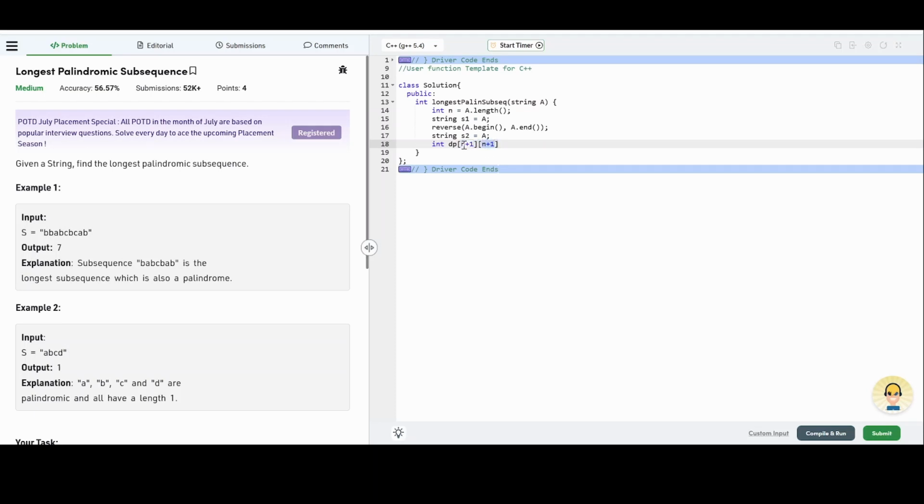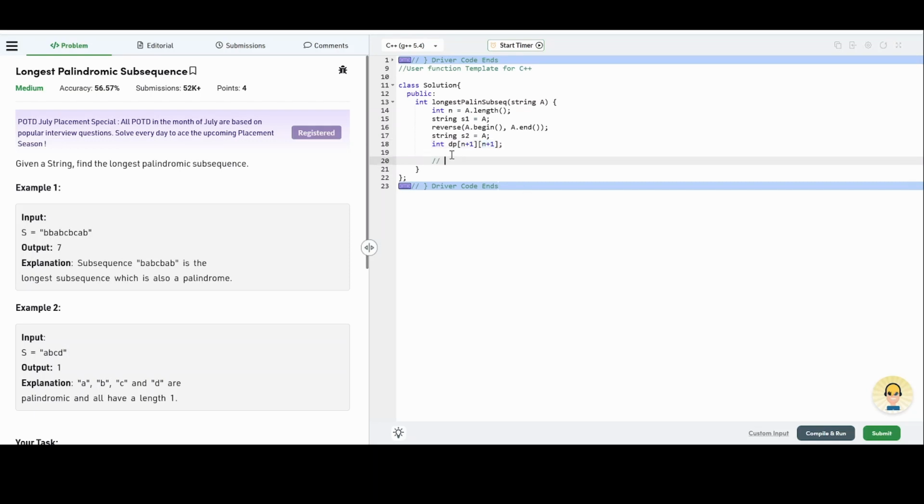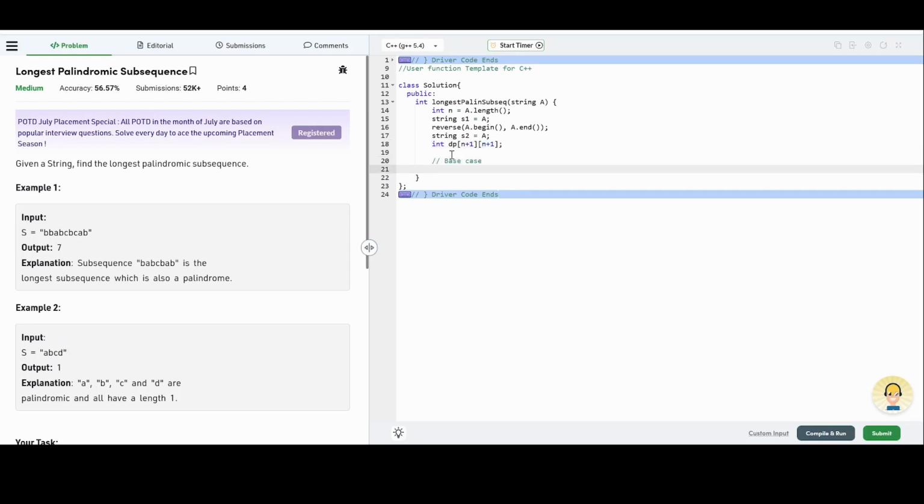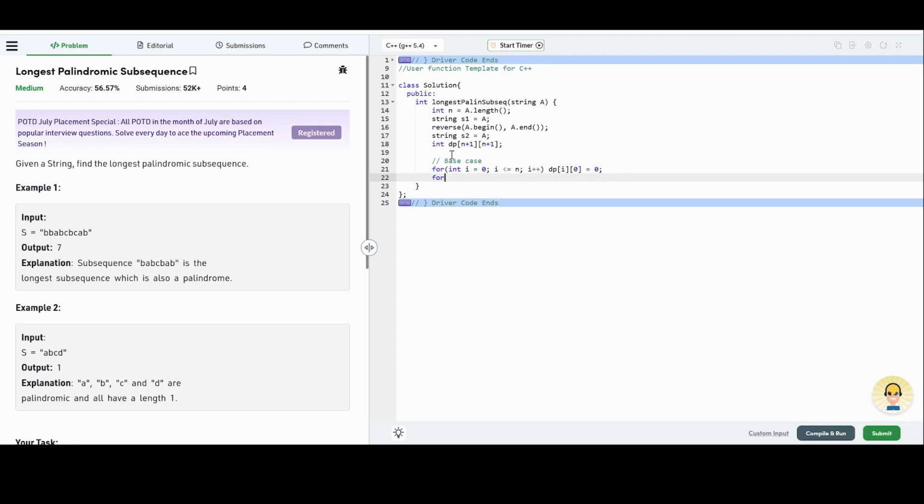So length can vary from 0 up to n. So there are a total of n plus 1 numbers, right? Now comes the base case. Base case will be the extreme positions, like either left or top. So this will be when column is 0, and this will be when row is 0.